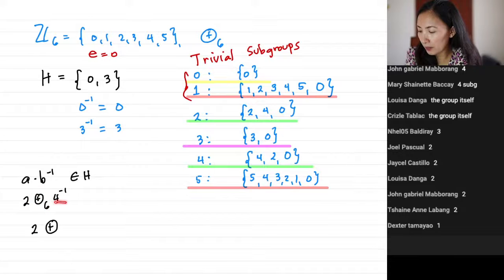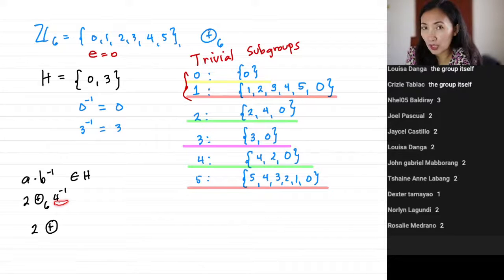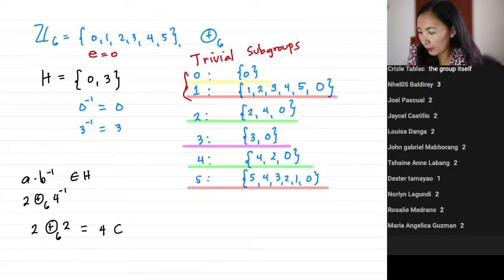So 2 plus 2 modulo 6 is 4. Is 4 an element of H? Yes, it's there. Element of H. So, that's it.